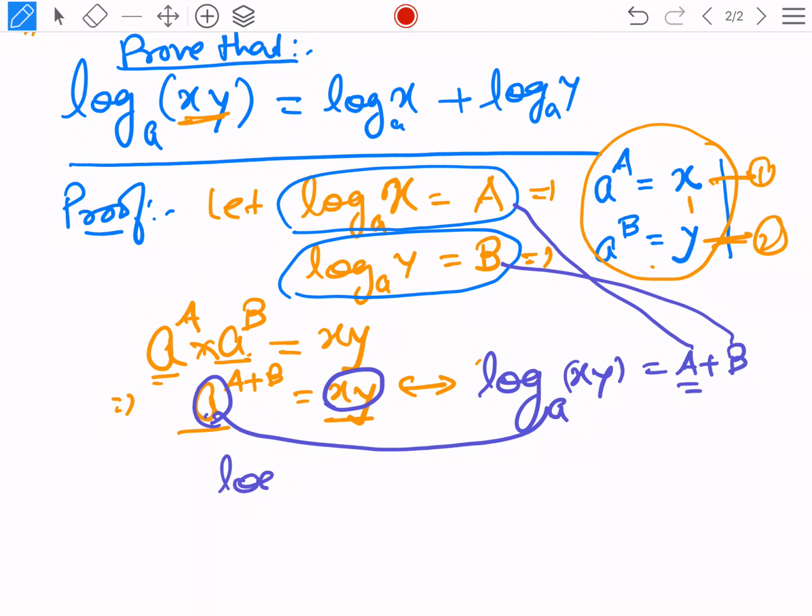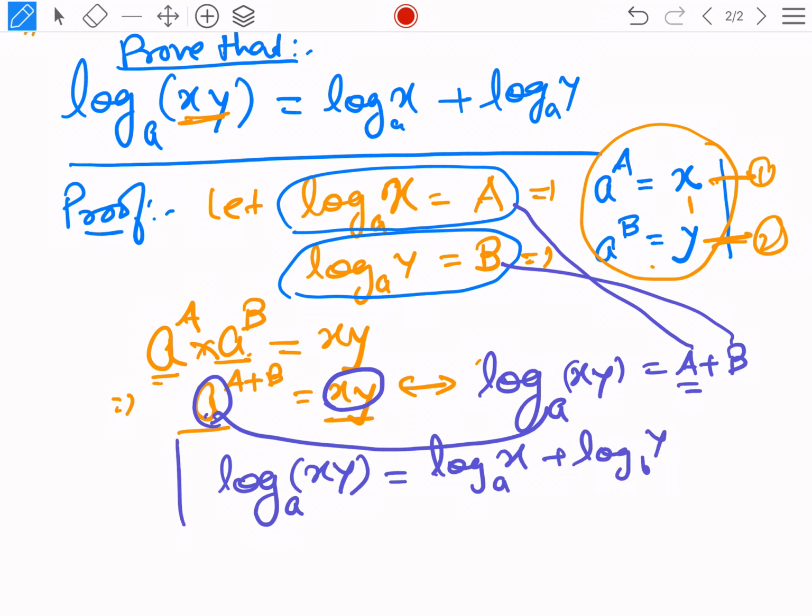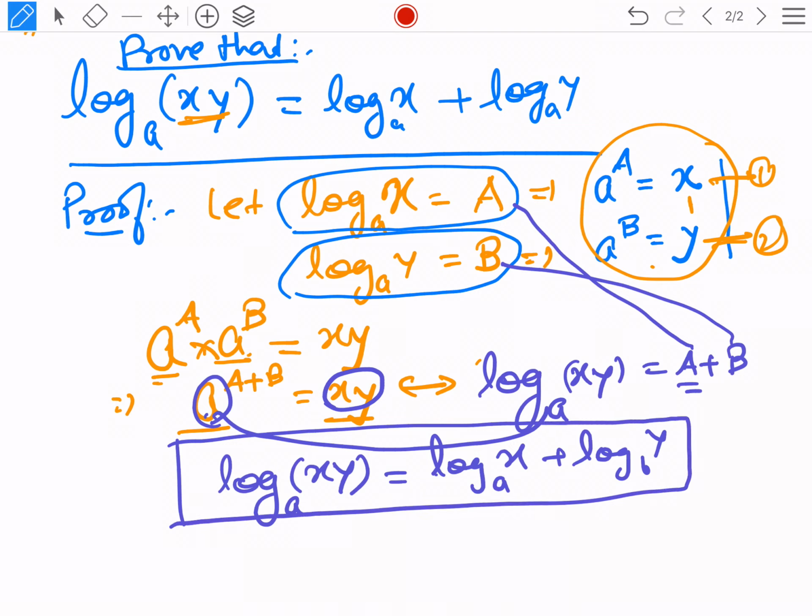In this way we can prove log of x into y base a is equal to log of x base a plus log of y base a. This is a very important tool, and we will use it in many problems. Always remember that log of x into y is equal to log of x on the same base plus log of y on the same base.